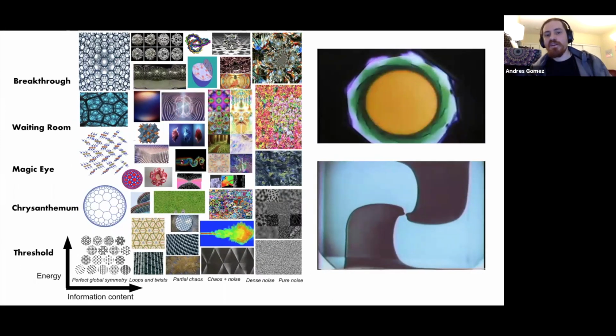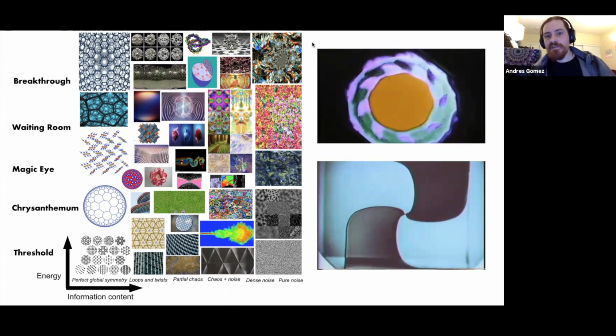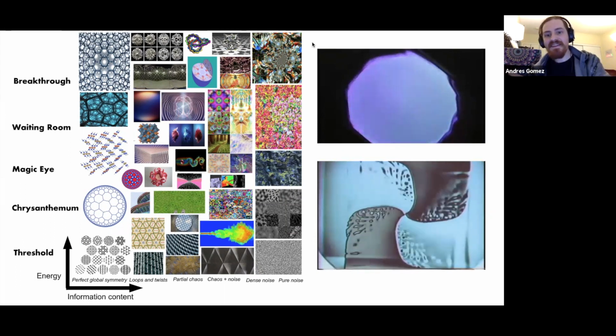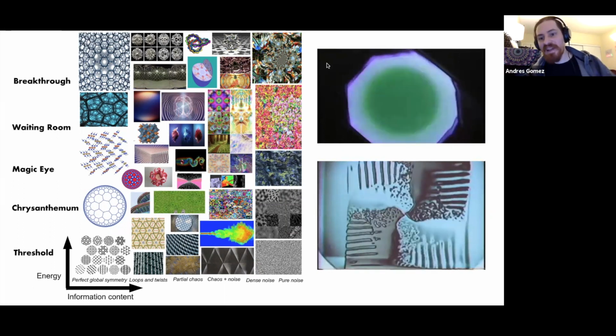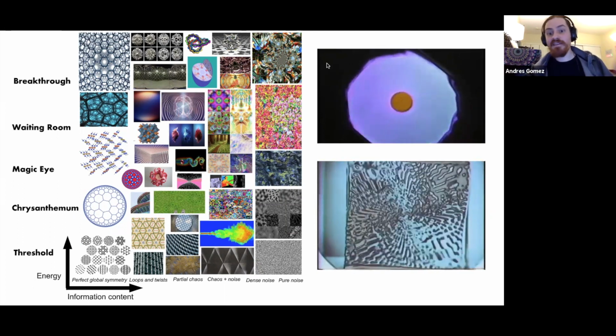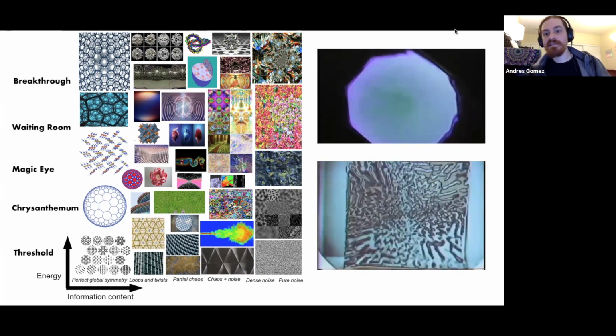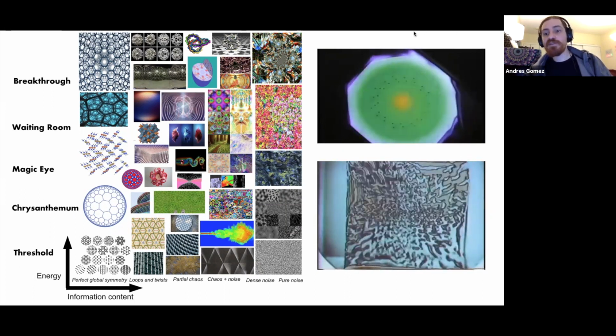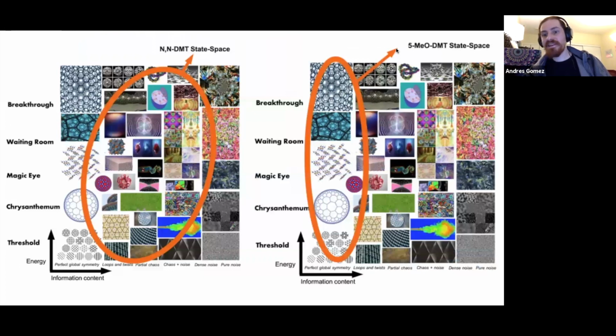The information content, we think of as attractors in feedback systems. You may end up in a chaotic attractor, a limit cycle or a fixed point, and that will determine how much information content the state has. Interestingly, this can also be used to describe the difference between DMT and 5-MeO DMT.